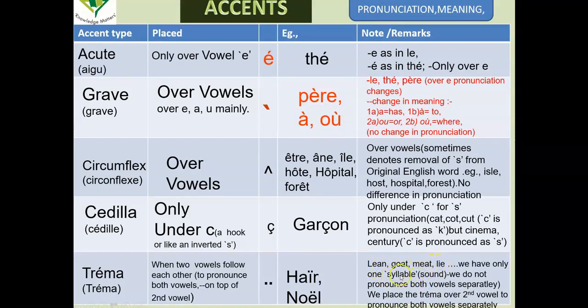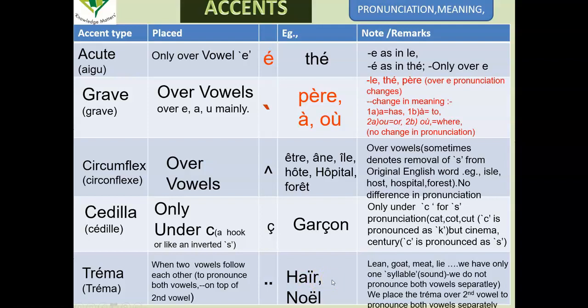It's only one syllable or one sound. We do not pronounce both vowels separately. To pronounce both vowels separately, we put the tréma over the second vowel. So in this case, it will be pronounced as Noël. And in this case, this will be pronounced as haïr.